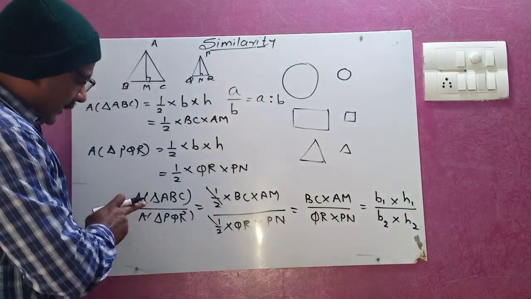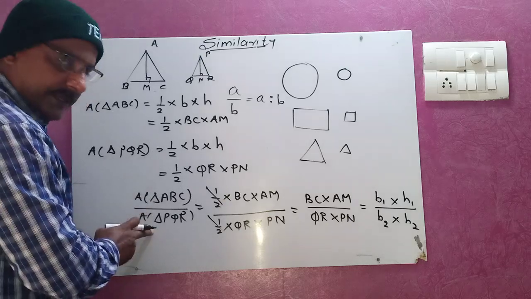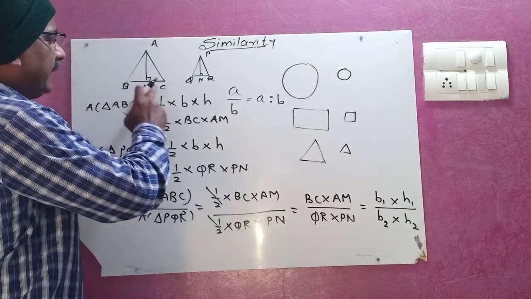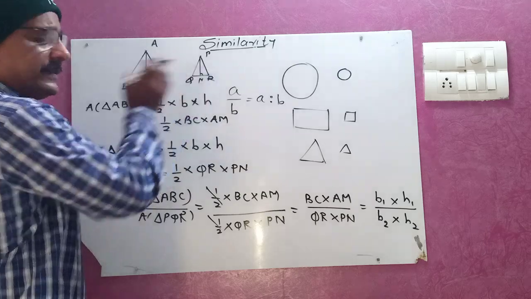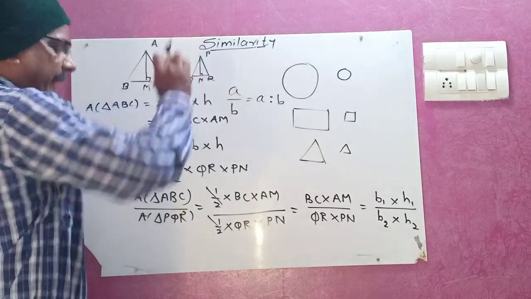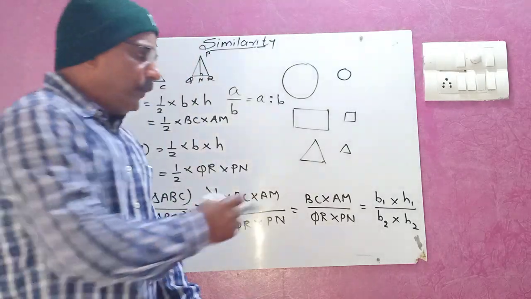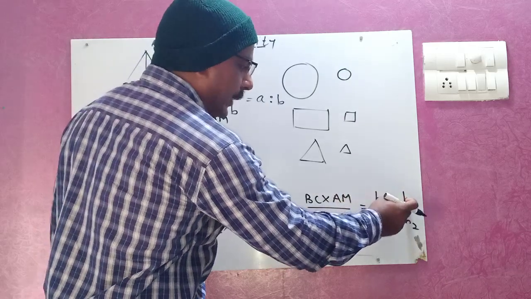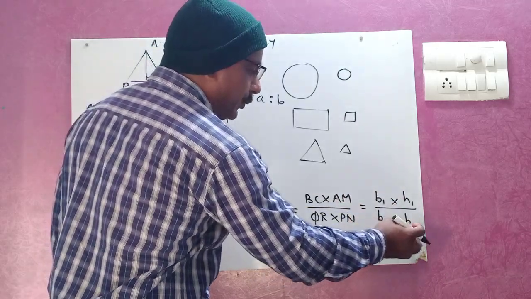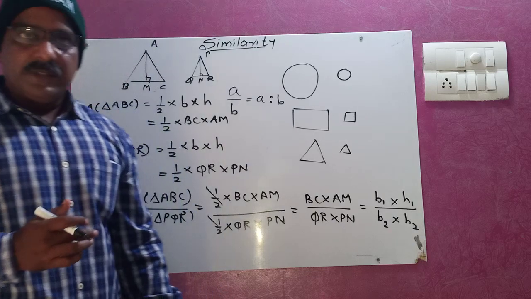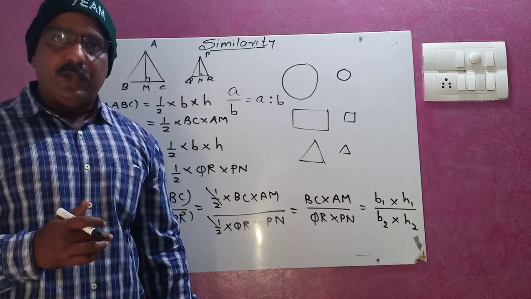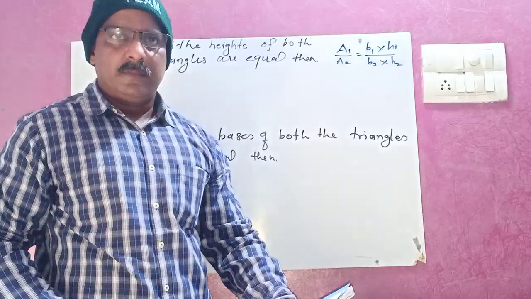So the ratio of the areas of two triangles having different bases and different heights is equal to B1 into H1 upon B2 into H2. This is the ratio of the areas of two triangles.